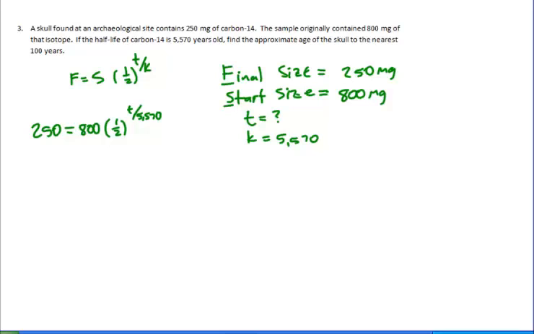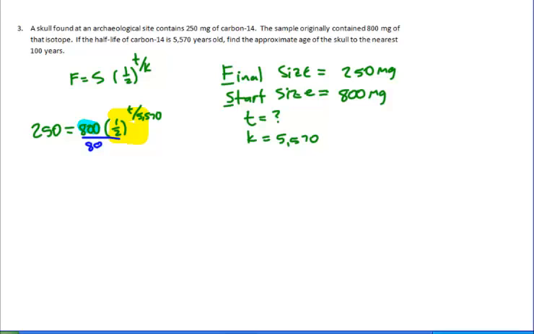Now, it's very important to recognize that this number right here is different from this number right here. They're not the same numbers. So what we've got is blue times yellow. If I'm trying to solve for T, then what I'm going to do is divide both sides by that blue part, by 800.